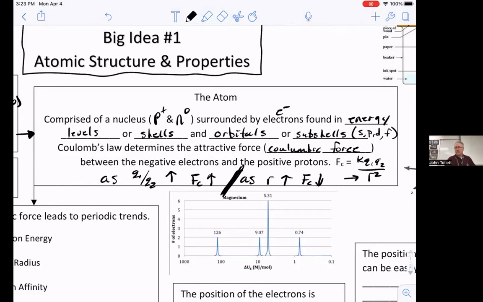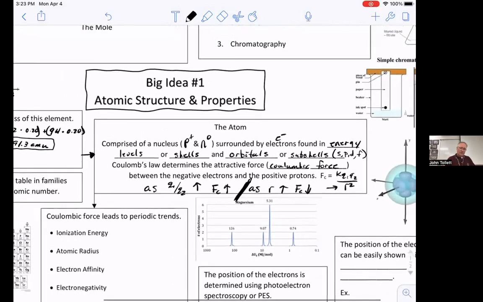If the charges are getting larger, then it's going to be a larger force as well. If the radius increases, it's going to decrease the force. If the charges increase, it's going to increase the force. If things are very close together and that radial distance is getting smaller, then of course, if you're comparing two things, that would be a stronger force.